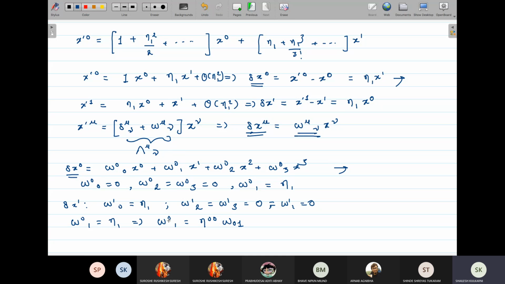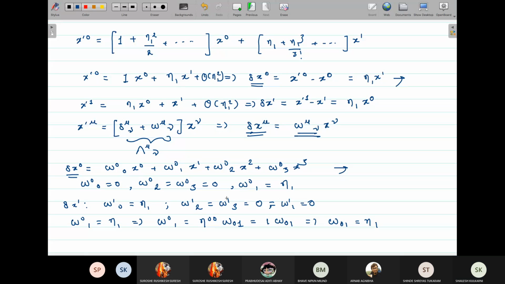Eta 0, 0 is 1 times omega upper 0, 1, but omega upper 0, 1 is eta 1. So this implies that omega lower 0, 1 will be eta 1.